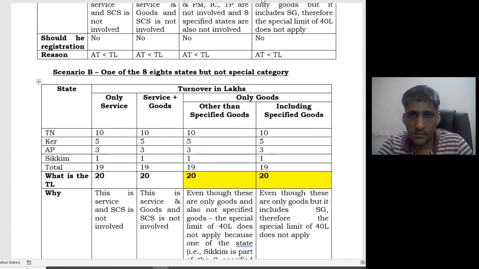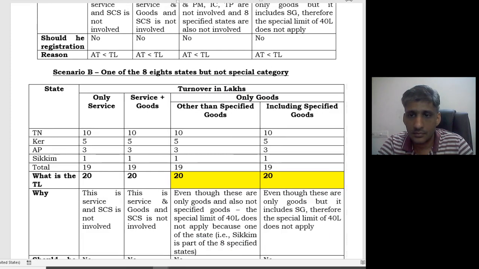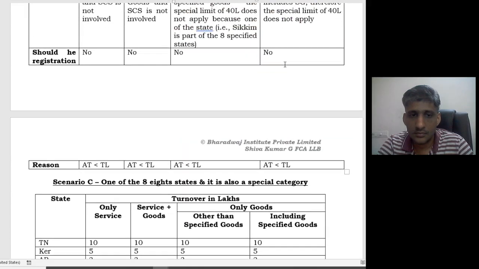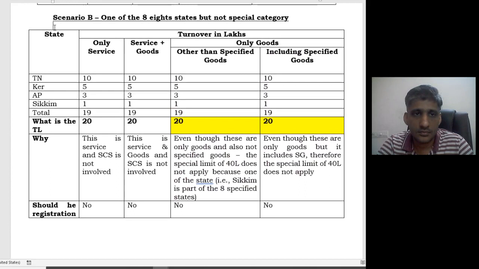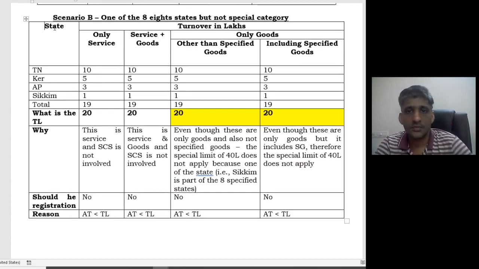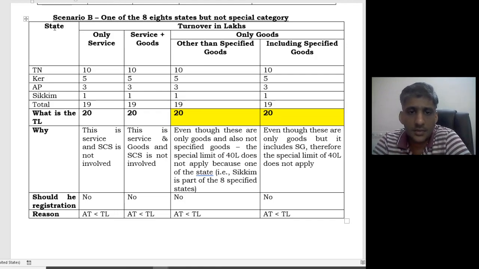Scenario B, again you can pause the video and update. Okay, done. Updated. Scenario C.